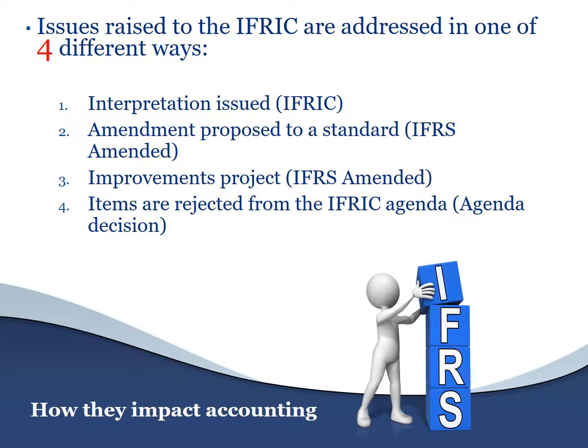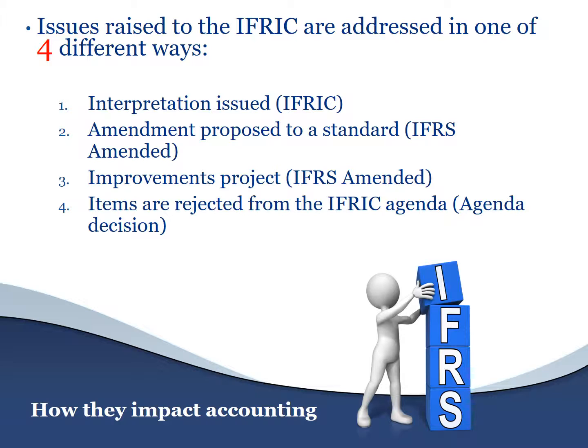Issues that are raised to the Interpretations Committee are addressed in one of four different ways. Firstly, the result could be that an interpretation is issued, and that'll be a document with the prefix IFRIC, and that'll be IFRIC 1, 2, 3, and I think currently we're up to IFRIC 20.